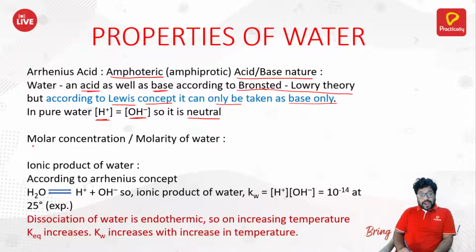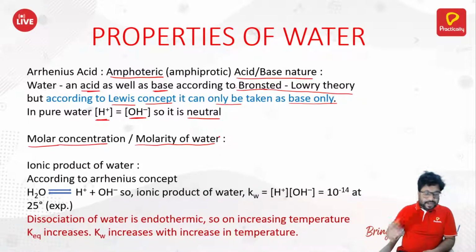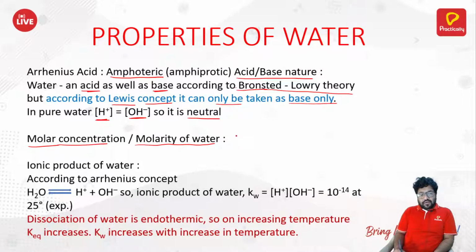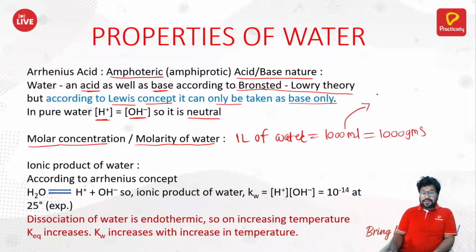Now, how can we find the molar concentration or molarity of water? Suppose you have taken 1 liter of water. 1 liter of water is equal to 1000 ml. 1000 ml of water is also equal to 1000 grams, because the density of water is 1 gram per cubic centimeter.